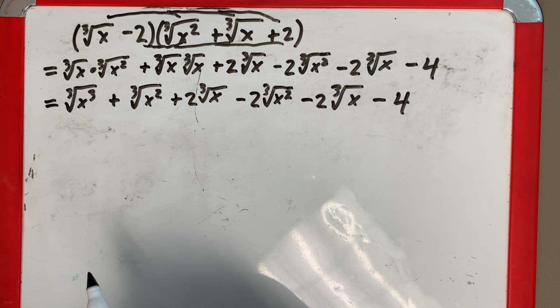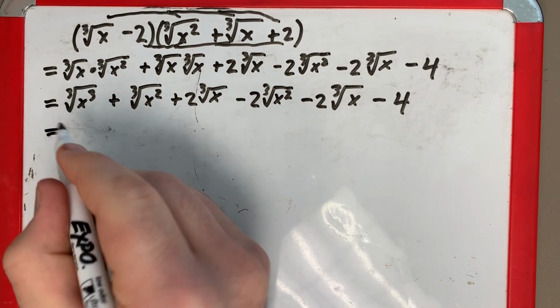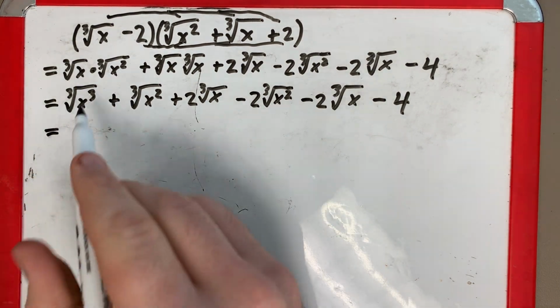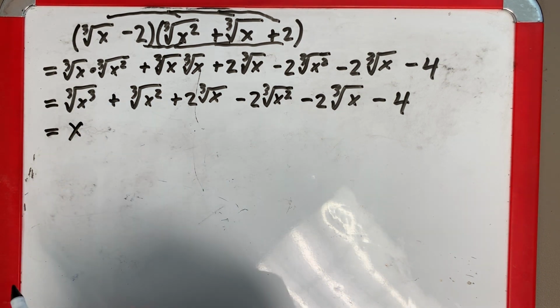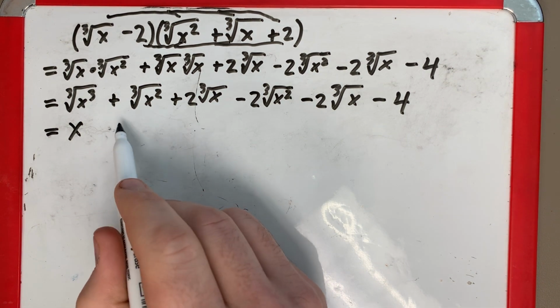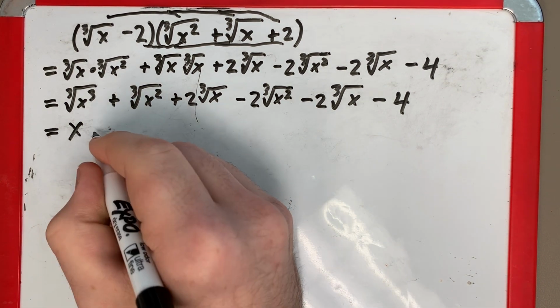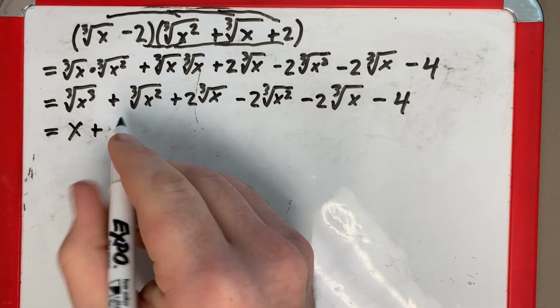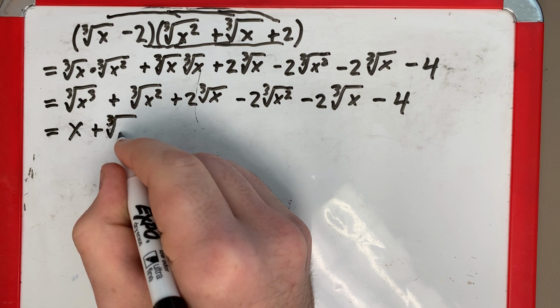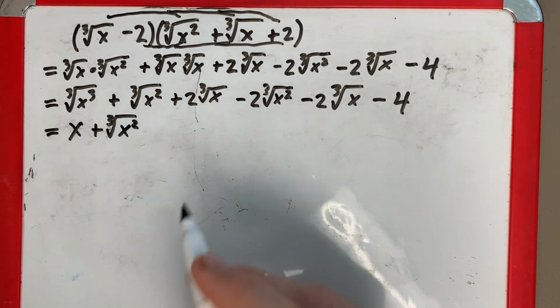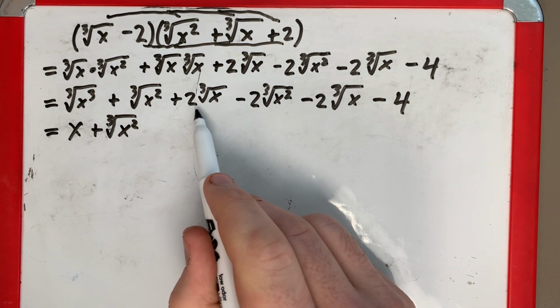Let's see where we can combine like terms, where we can simplify and all that good stuff. So first thing we notice, just reading left to right, seeing what we can simplify. X cubed, cube rooted, that's just x, which is awesome. All right, now we have cube root of x squared. Can't do anything with that because we don't have enough x's to cancel the radical, so we are left with cube root of x squared. Now let's see if I can combine this guy with something.